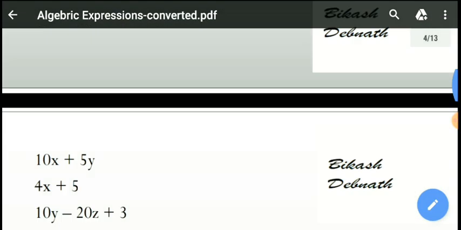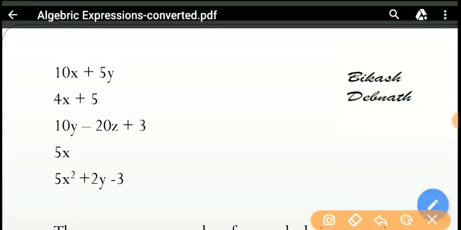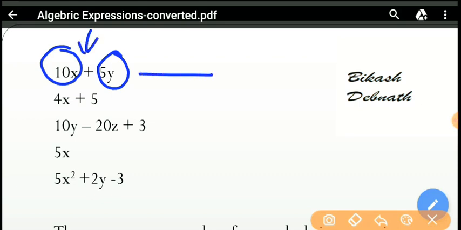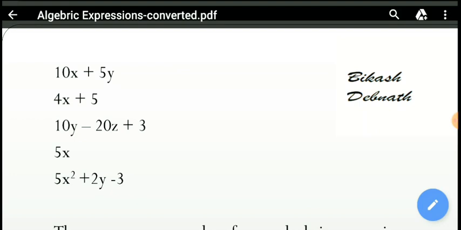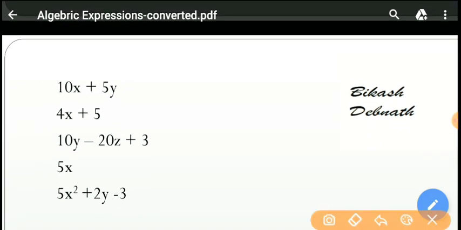Let us go back. These, you see, this is a term and this is a term. These terms are combined by the sign plus. So this 10x plus 5y is an algebraic expression.